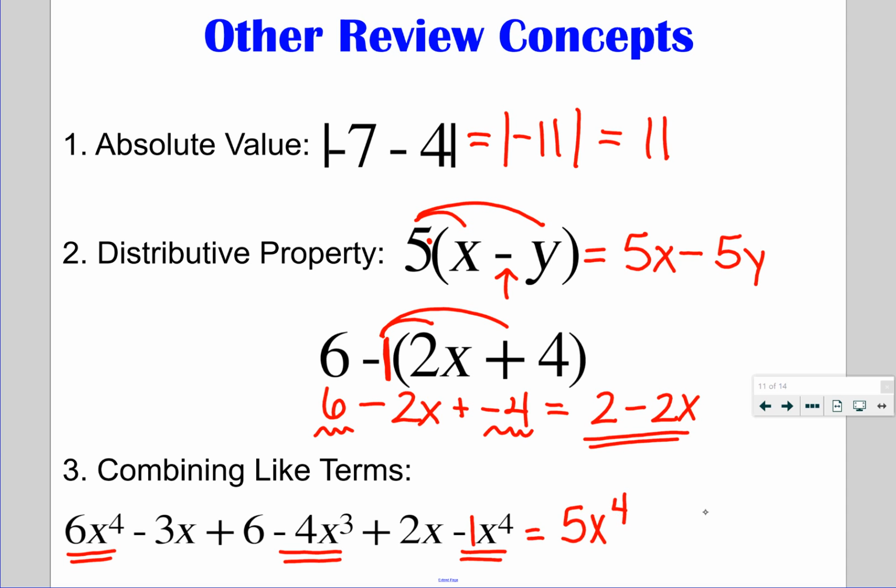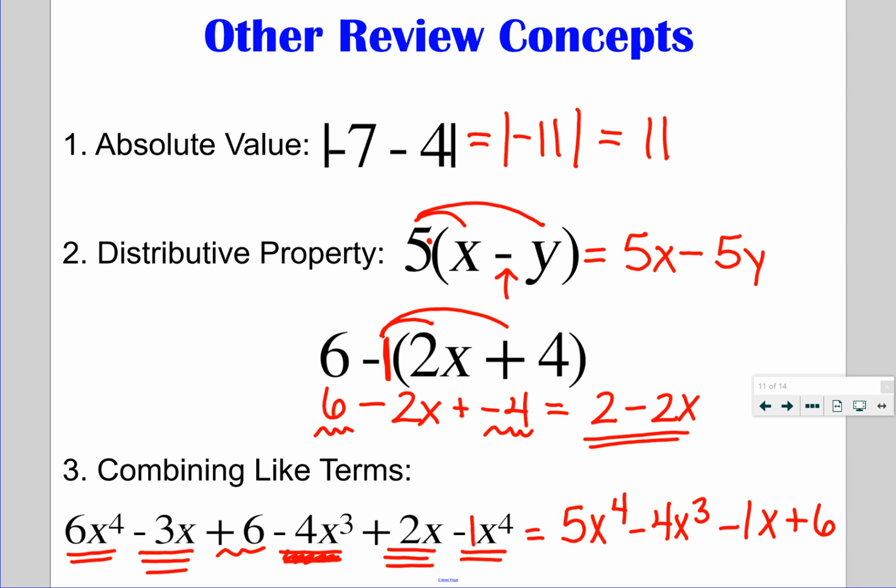It's going to make some problems easier as we move through the semester. I have negative 4x to the third. Then I have a negative 3x. I think I had its own buddy. And a positive 2x. If I add those together, I'm going to have a negative 1x. And then my last term, again, no buddies, a positive 6.